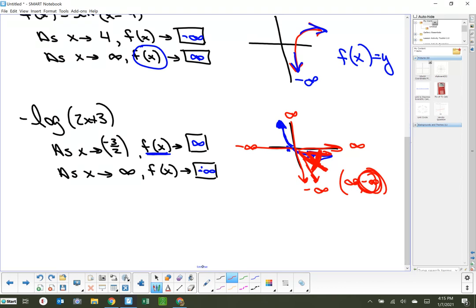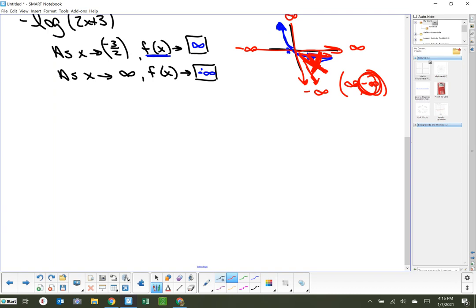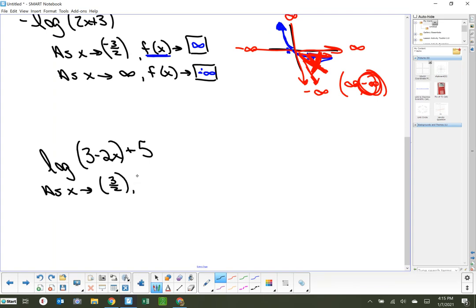And then one more. Let's go back to black. If you had the log of 3 minus 2x plus 5, it says as x goes towards 3/2, f of x goes where?